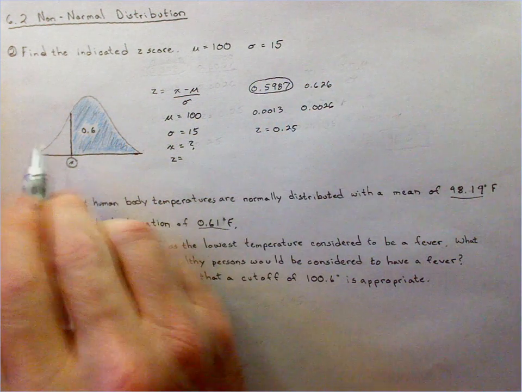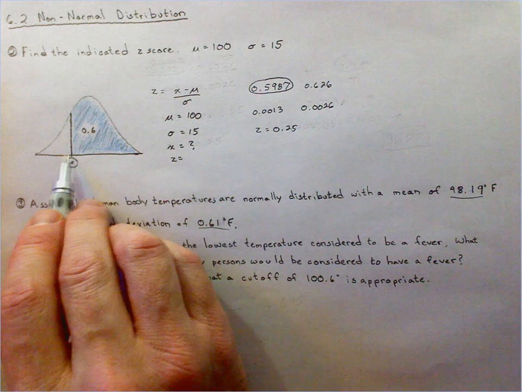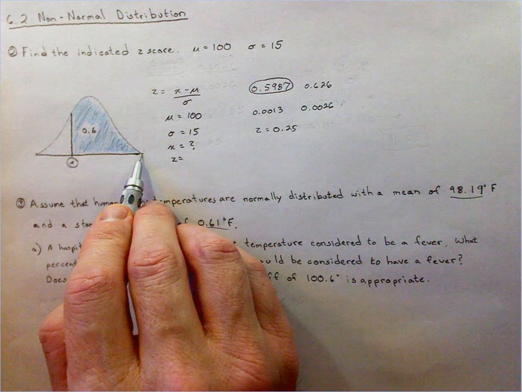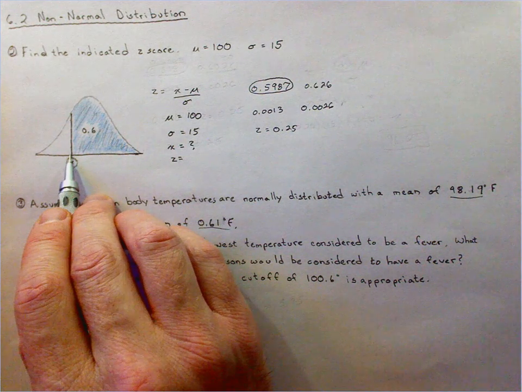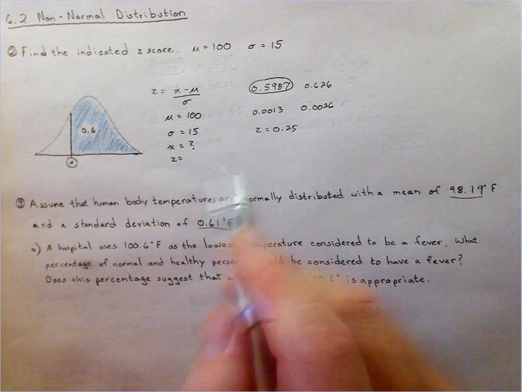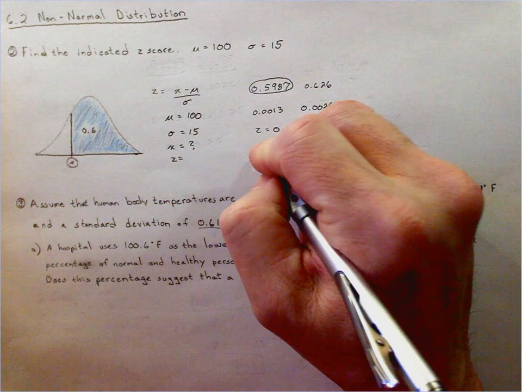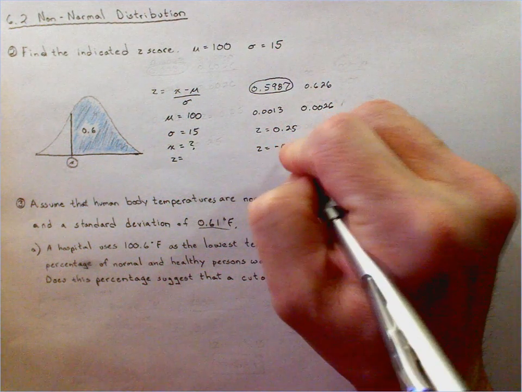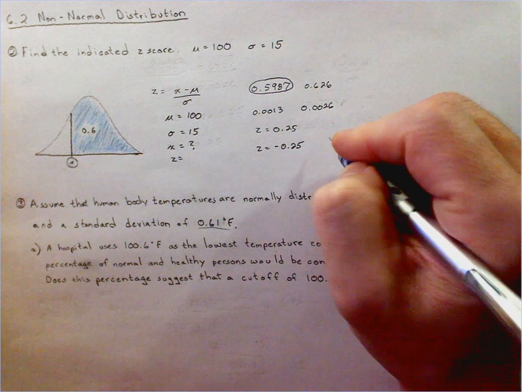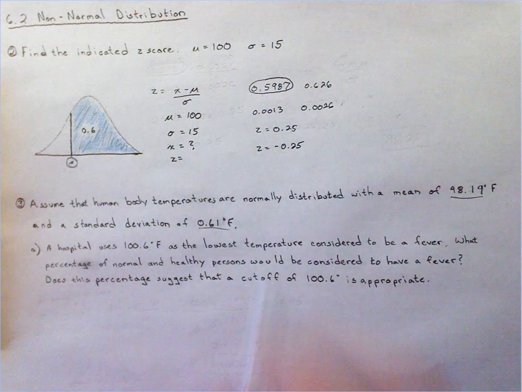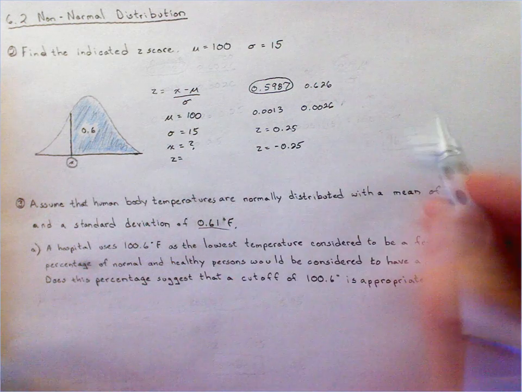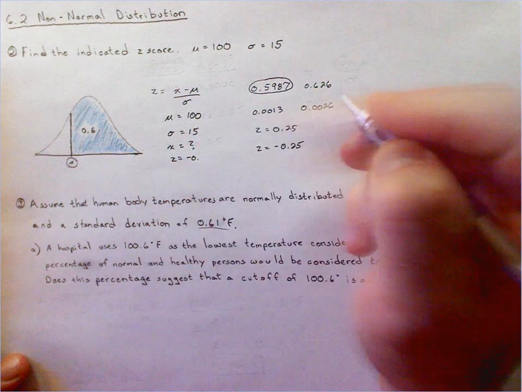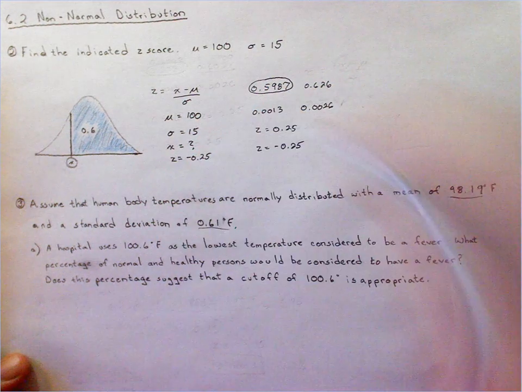But notice, I'm not going from a left vertical boundary to the right. My picture goes from the right to a left vertical boundary. I'm not going to use the complement, I'm just going to use symmetry. So this is my value for z, negative 0.25.